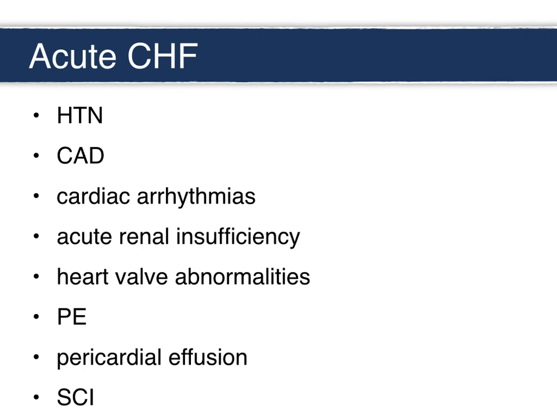Some cardiac arrhythmias are going to change the cardiac output, so that can cause heart failure, acute renal insufficiency, or heart valve problems. So when we have an abnormality of the heart valve, let's say the aortic valve doesn't close all the way, it's really hard to build up the pressure or the volume in the ventricles needed to squeeze out.